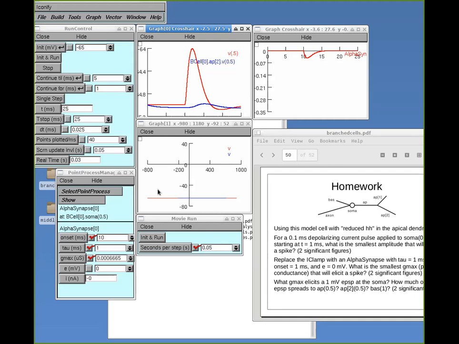I guessed that since I started out with a 10 millivolt EPSP, if I just cut that conductance by a factor of 10, I'd be close to a millivolt. Well, I was close, but I was still about 30% off. So then I thought maybe if I increase that conductance by 1/3, I would get my 1 millivolt EPSP. And sure enough, for this signal that's on the order of about a millivolt peak amplitude, the cell is acting pretty linearly in the cell body.